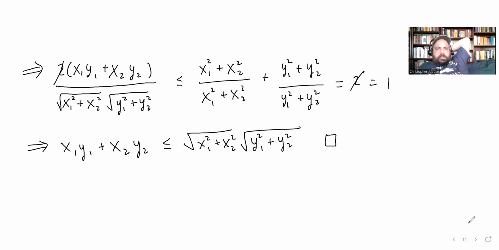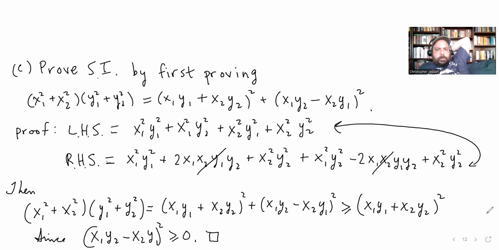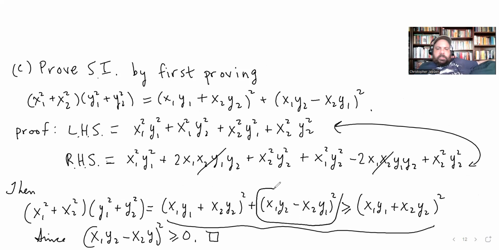And then what was the last one? Part C. This thing. If you look at how we did this proof, we relied on this fact here, right? But this would be equal. So we would get equality if this thing was equal to 0, meaning that x1 y2 minus x2 y1 was 0.